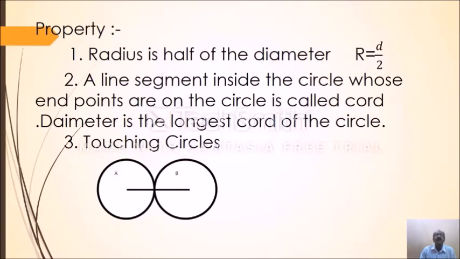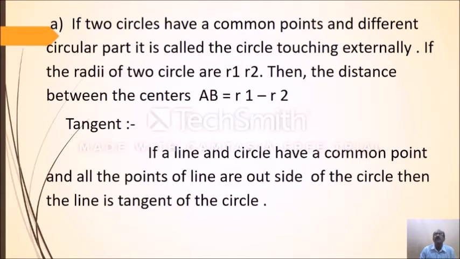A line segment whose endpoints are on the circle is called a chord. Diameter is the longest chord of the circle. Now we will see the touching circles have a common point. Circles touching externally have distance equal to R1 plus R2.